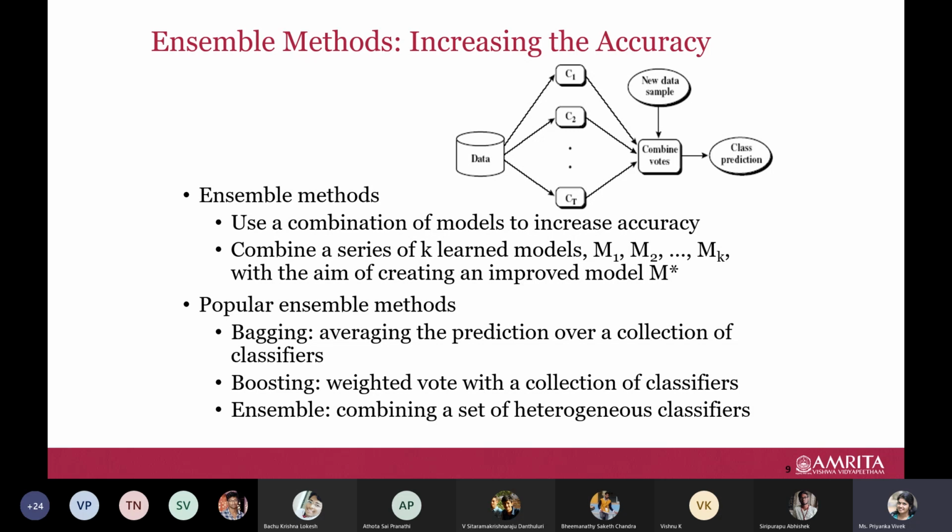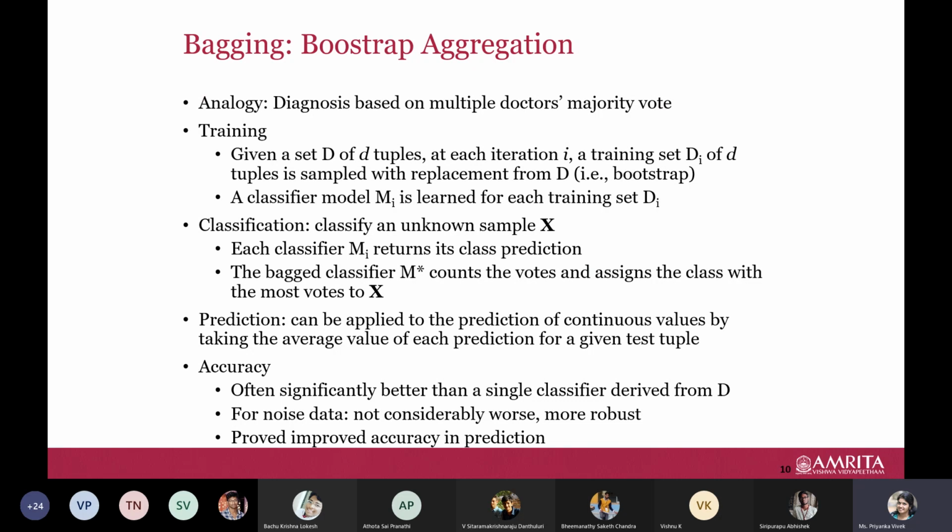We try to have different models on that data and then combine the predictions they give. The popular ensemble methods are bagging and boosting. So let us see ensemble. We'll see that. So let us see what bagging is.